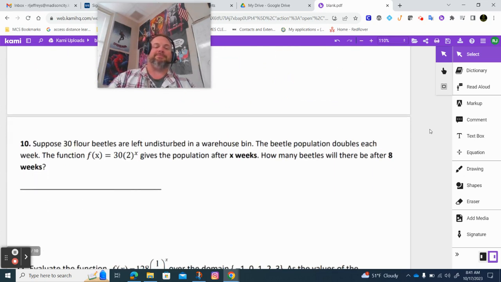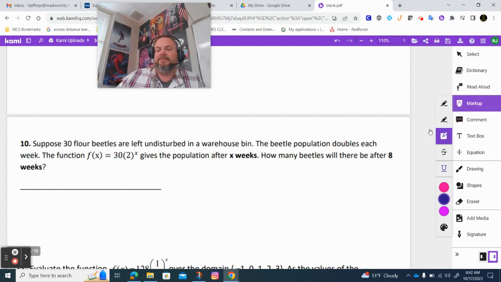All right. So 30 flower beetles are left undisturbed in a warehouse bin. The beetle population doubles each week. We're going to learn a little bit more about this word doubles and how to pick out stuff.